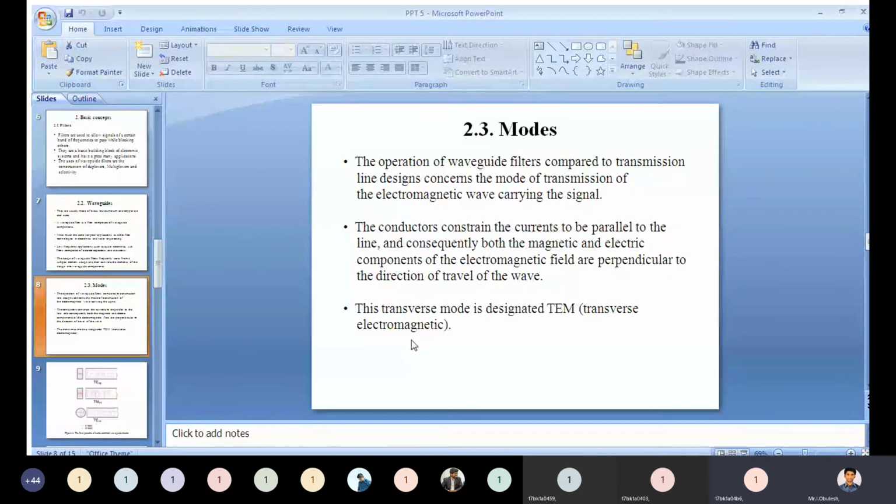One of the most important differences in the operation of a waveguide compared to transmission line design concerns the mode of transmission of the electromagnetic wave carrying the signal.